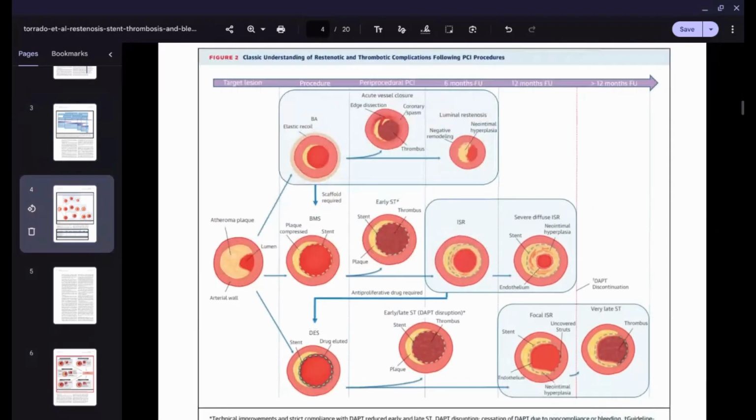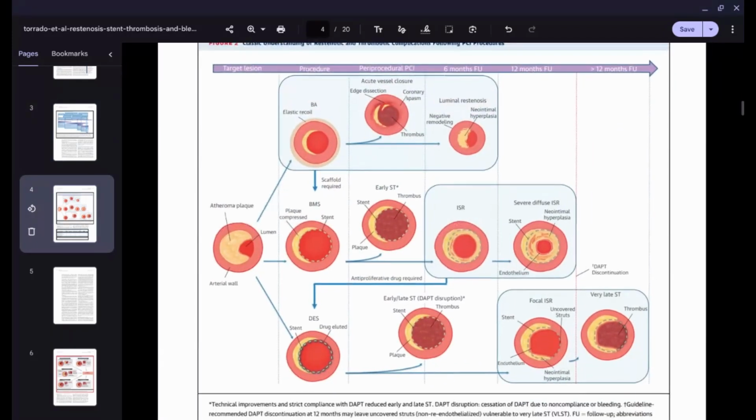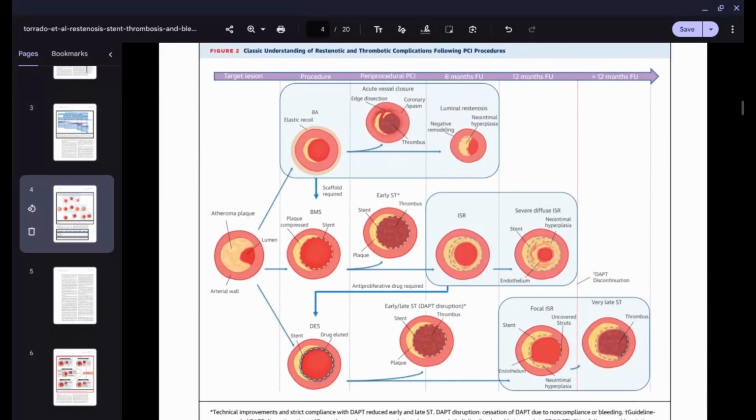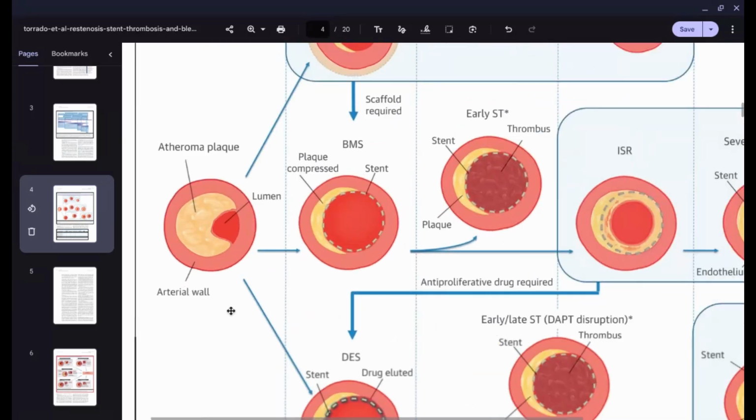So notice, following a percutaneous coronary intervention, there is locally a blood vessel stenosis. Now there is this adenoma plaque, fat. The wall has thickened due to fat deposition. That is referred to as the adenoma plaque.